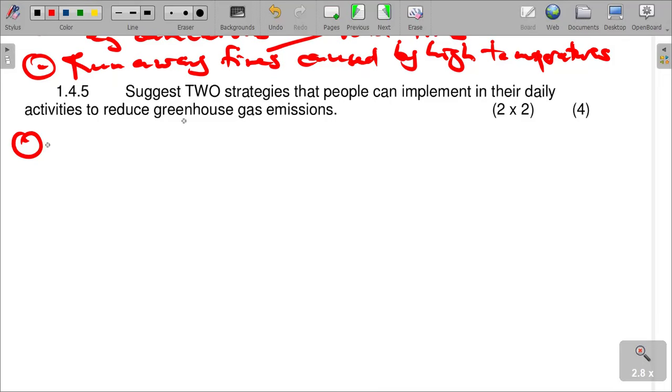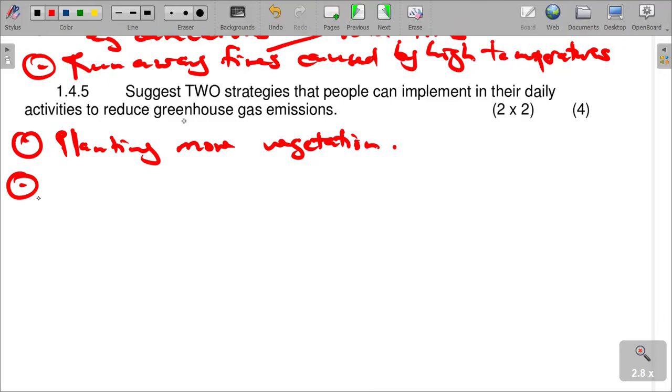One, we can talk about planting trees, planting more vegetation. We said that vegetation can absorb the carbon gases that we are worried about. We can also talk about recycling and reduction of waste.